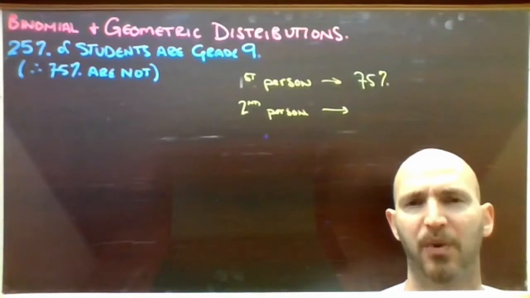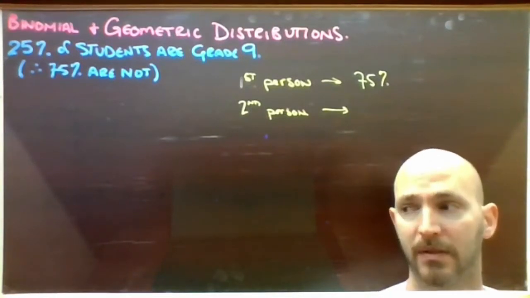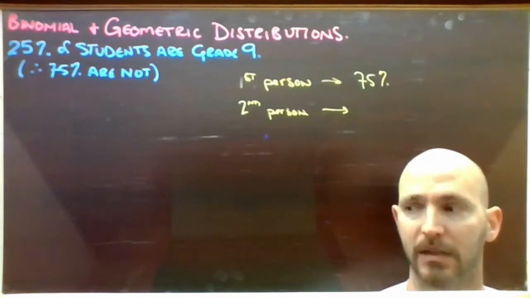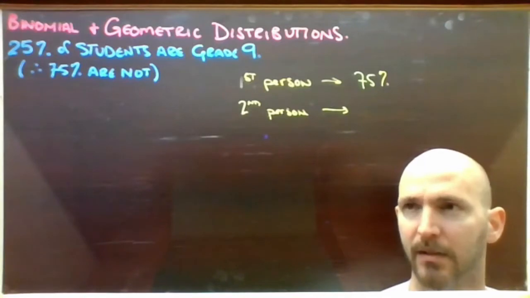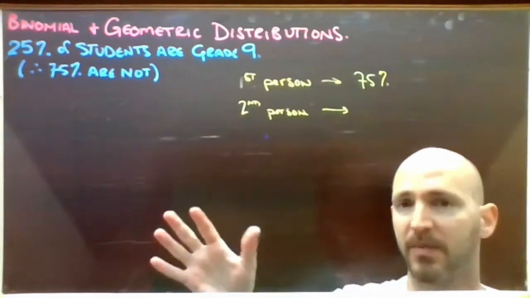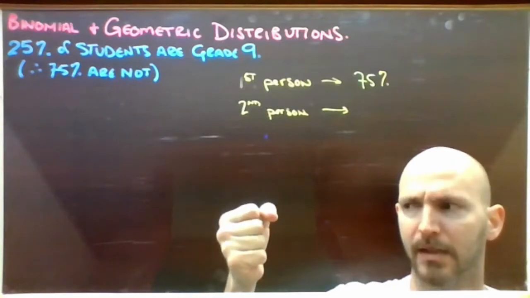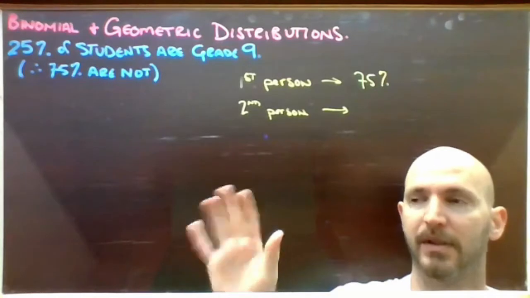you kind of have to put this in context. If I'm waiting to the second person to find someone not in grade 9, that means the first person must have been in grade 9. So for this scenario, I walked up to a random bunch of people in the cafeteria and I grabbed one and said, "Are you not in grade 9?" And they said, "Oh God, yes, I am in grade 9, sorry." I said, "Okay, fine."